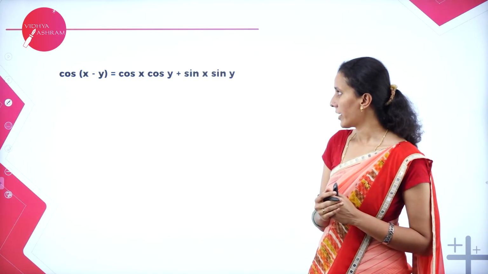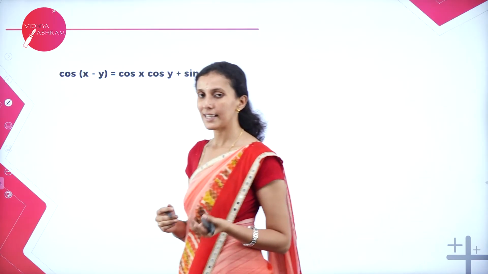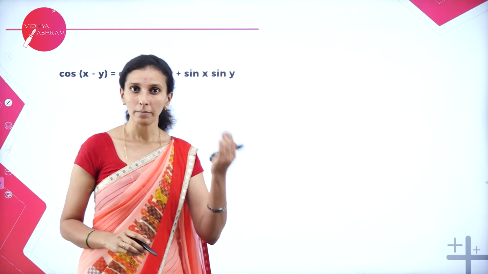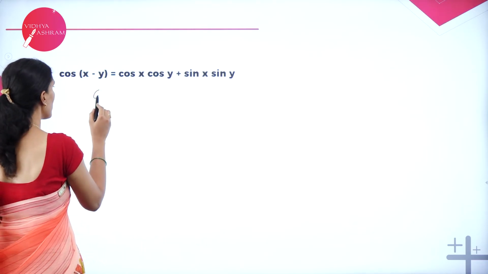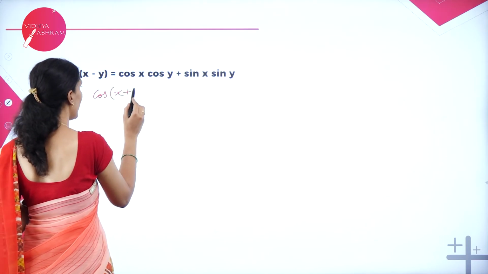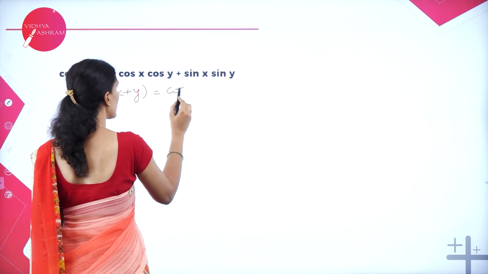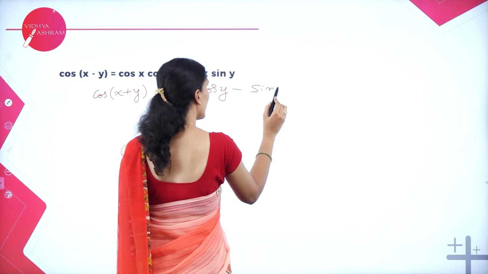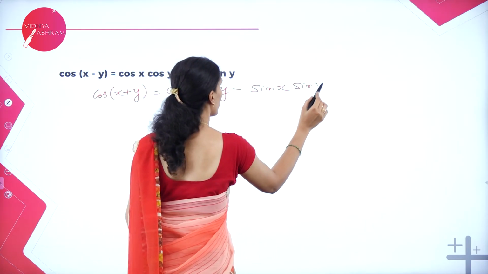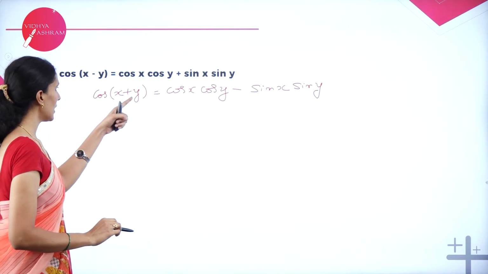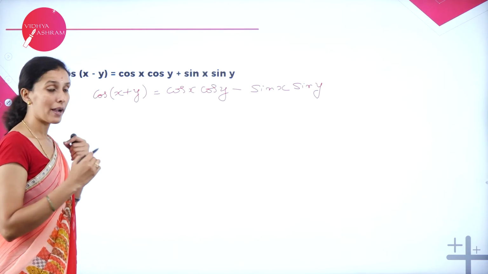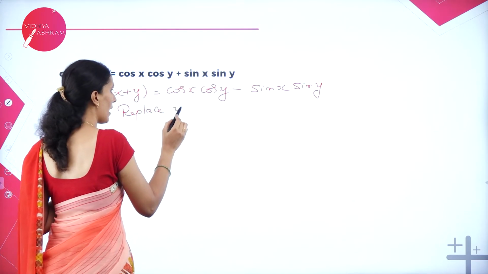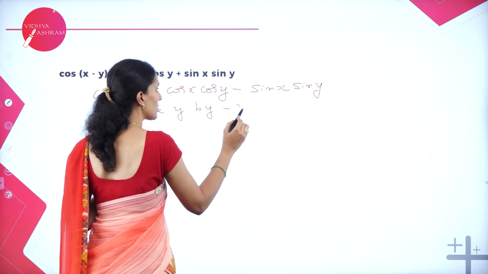cos(x minus y) is equal to cos x cos y plus sin x sin y. What we know from the theorem is that cos of (x plus y) is equal to cos x cos y minus sin x sin y. Now what I need is, in the place of y, I have minus y. So replace y by minus y.